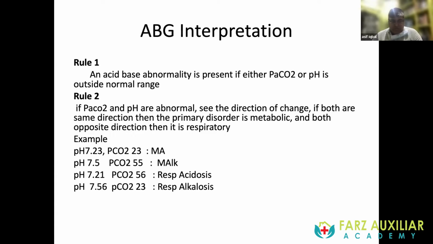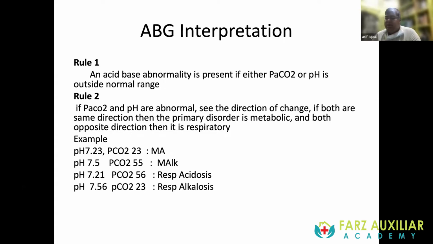So there are two types of metabolic and two types of respiratory acid-base disorder. One is metabolic acidosis or alkalosis, and the other is respiratory acidosis and alkalosis. Regarding respiratory acidosis and alkalosis, you have to diagnose whether it is acute or chronic, or acute on chronic.